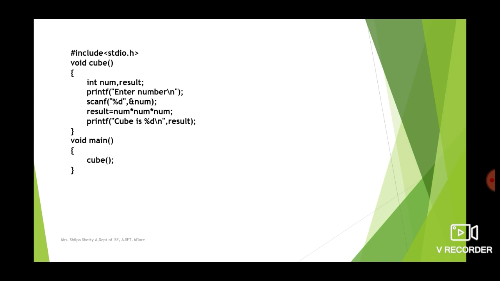So in the cube function, we have to declare the variables num and result, then read a number num, then calculate the result and display the result. This is similar to the category of function which does not return a value and does not take a parameter. You can write the function in any of the forms, any of the four categories, whichever is easier.